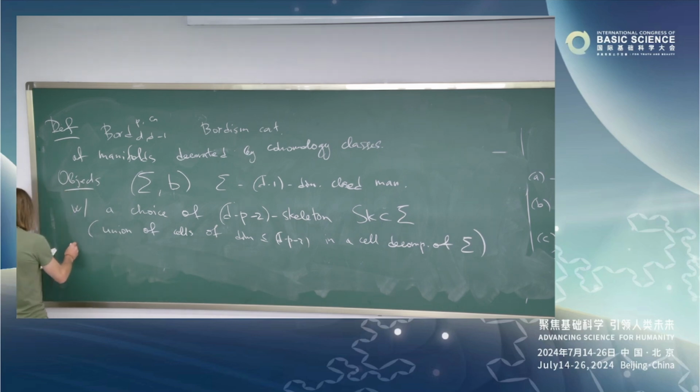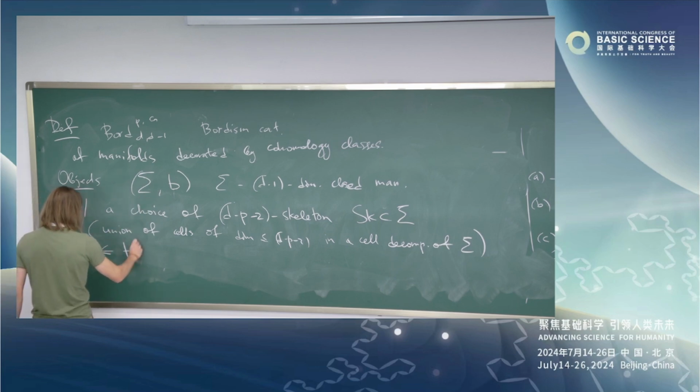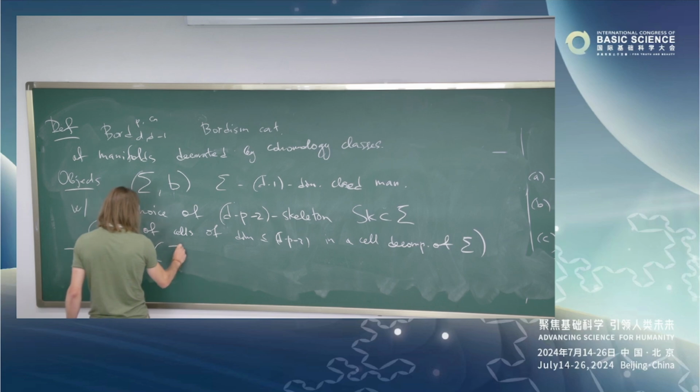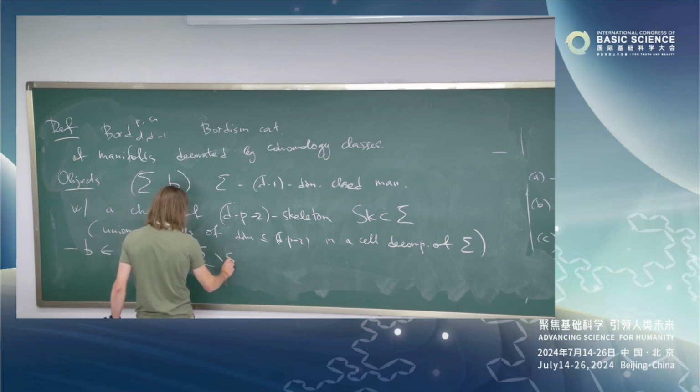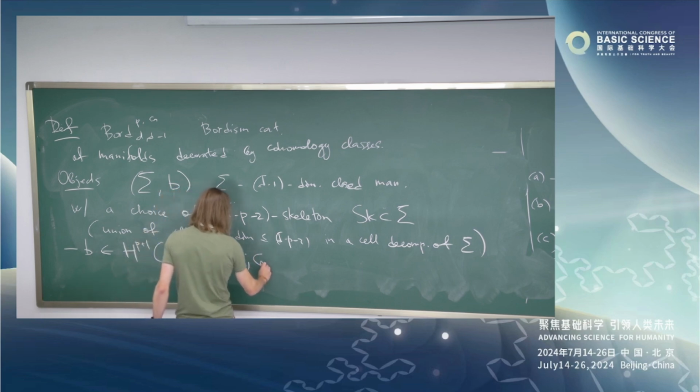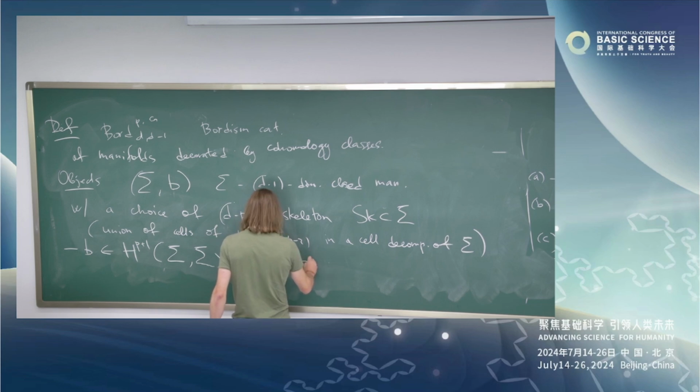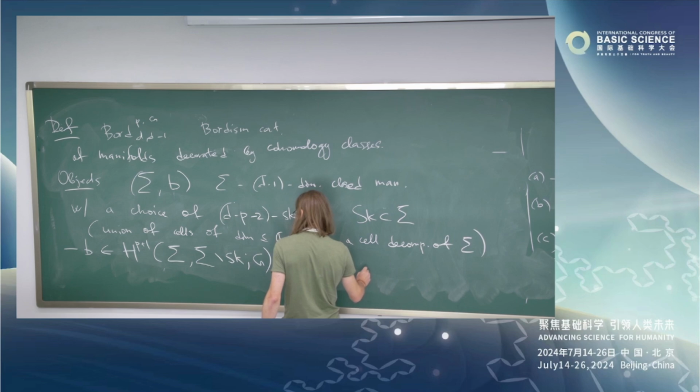And B here is an element of the (p+1)-th cohomology group of sigma relative to sigma minus this skeleton, with coefficients in G. I will usually use the shorthand notation as follows.